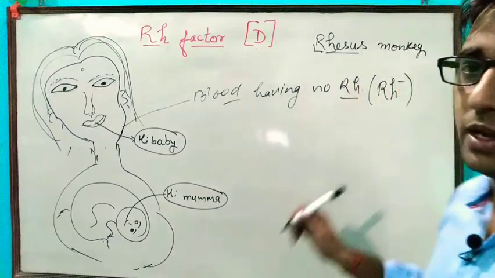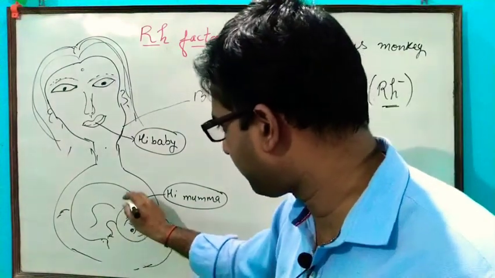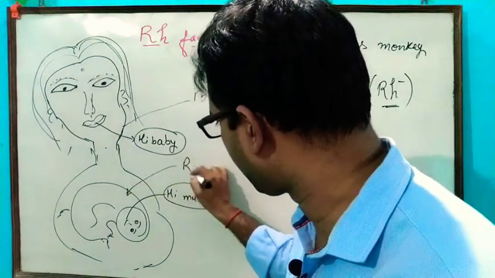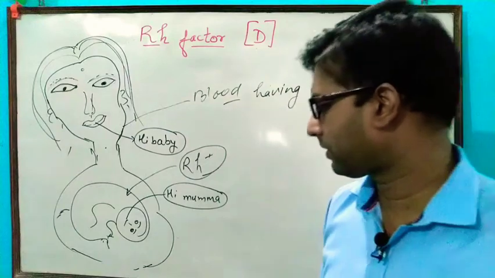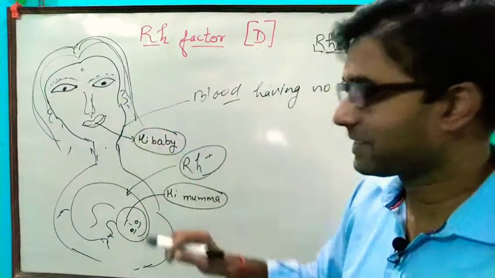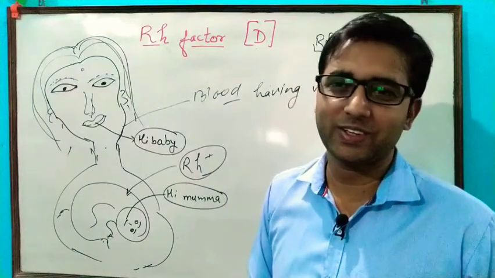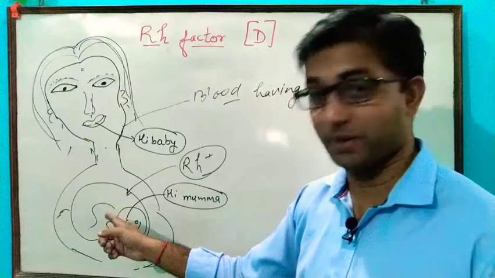But the developing fetus here is Rh positive. Now, the fetus says, "Hi, mama." The mama says, "Hi, baby. How are you? So cute. You are growing very well." This is the first baby.